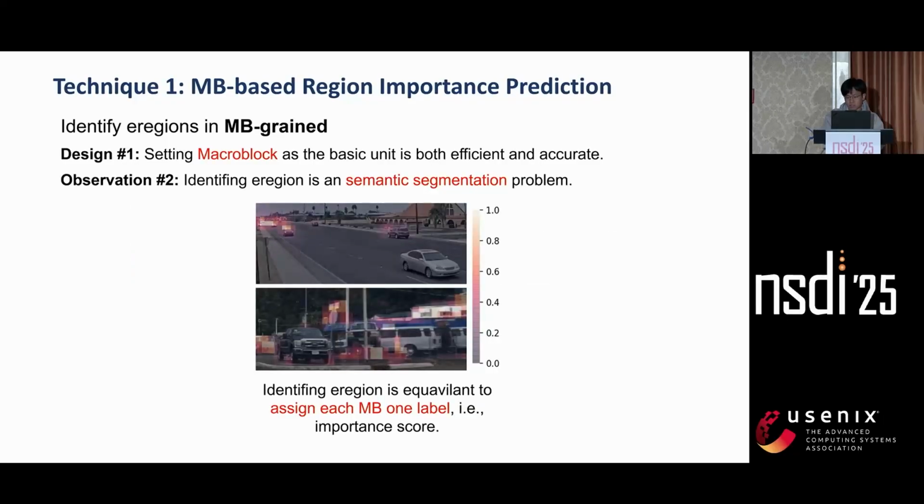Our second observation is that identifying a region is a semantic segmentation problem. We can use an importance score to represent the impact of enhancing a macroblock on accuracy. Then we discretize the importance scores into quantized labels assigned per macroblock, enabling efficient region importance prediction, as shown in the figure.